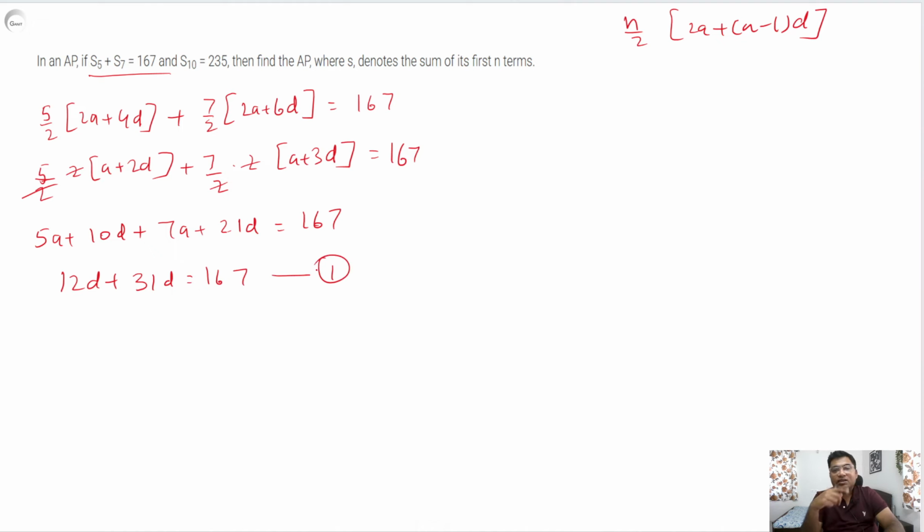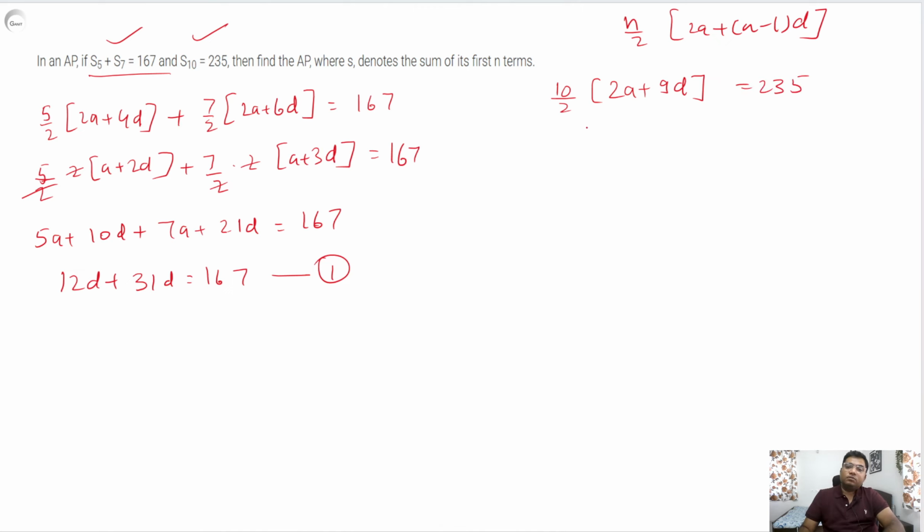The moment I started seeing things in terms of A and D, I knew that we are again heading towards an equation in terms of A and D. So this gives you the first simultaneous equation in terms of A and D, and the second piece of information will give you the second equation that you need in terms of A and D. So S10 means 10 by 2 and 2A plus 9D, and that equals 235, right?